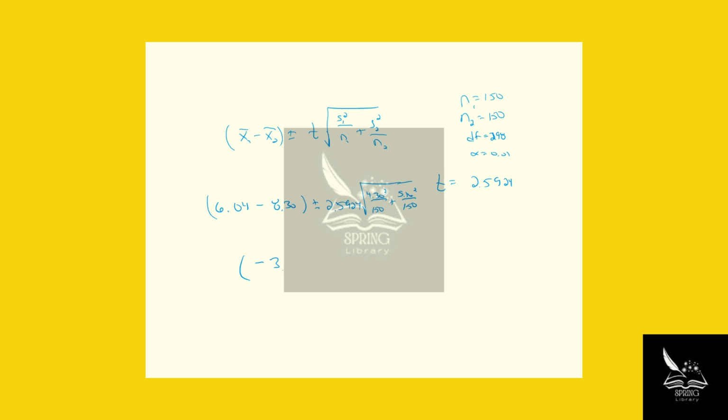And we get negative 3.6817, and the upper boundary is found by adding, which is negative 0.8383, which is statistically significant because 0 is not within this interval. So there does seem to be a difference statistically.